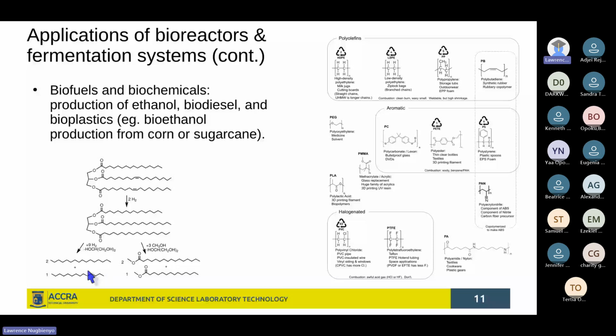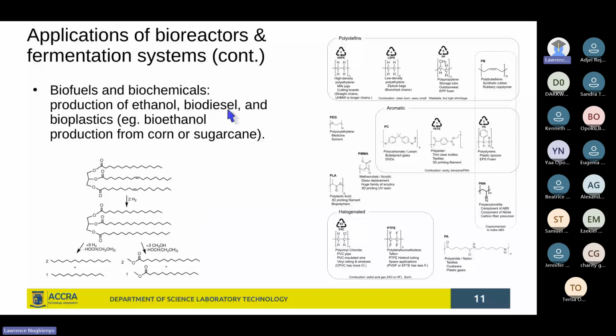Or in the production of different forms of bioplastics, those with some aromatic chains, some polyolefins, even the ones with some halogenated groups. All of these have some applications of enzymes in their production, even in the production of things like bioethanol, biodiesel that we talked about much earlier.